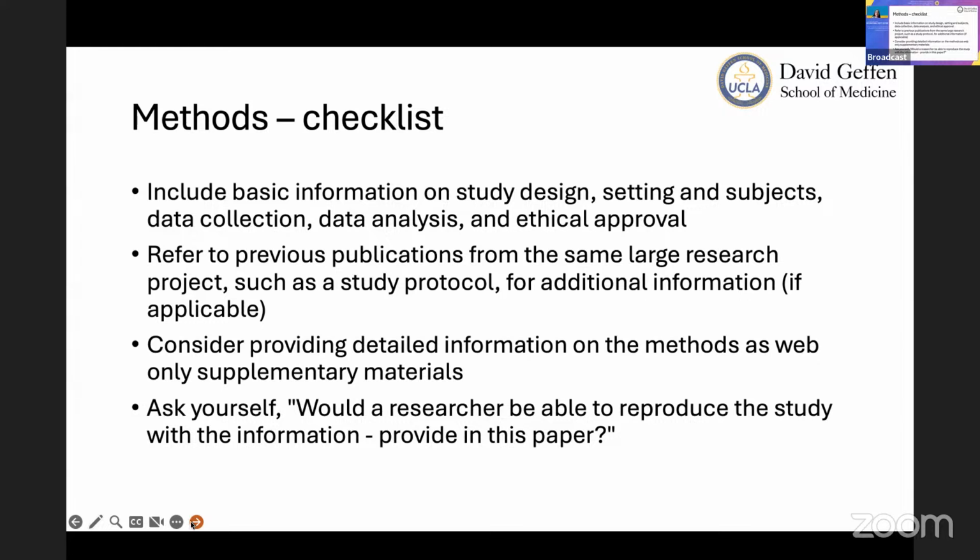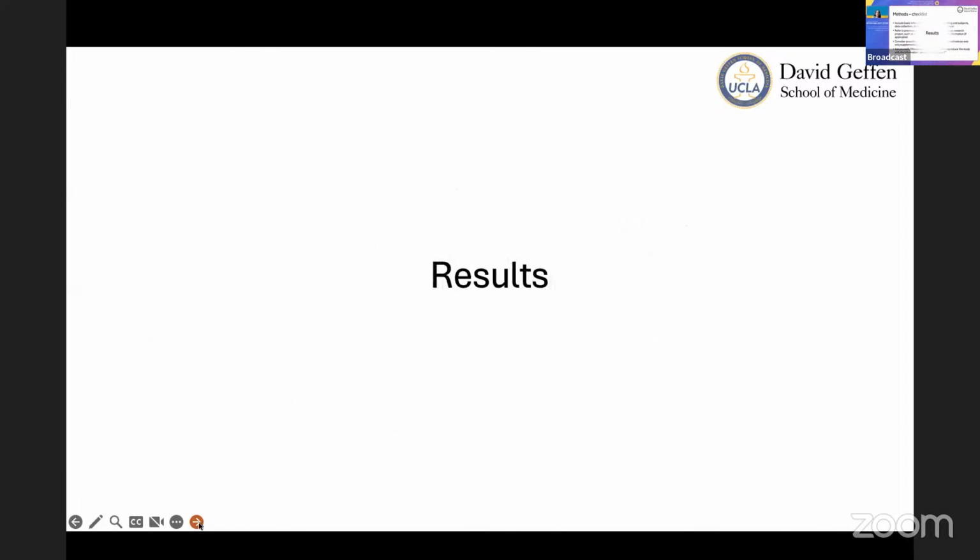Then refer to previous publications from the same large research projects if applicable. Then detailed information on the methods, as well as supplemental materials if you have them. And again, if you were to read the methods section, ask yourself, would a researcher be able to reproduce the study with the information provided in this paper? That's going to be your biggest key.